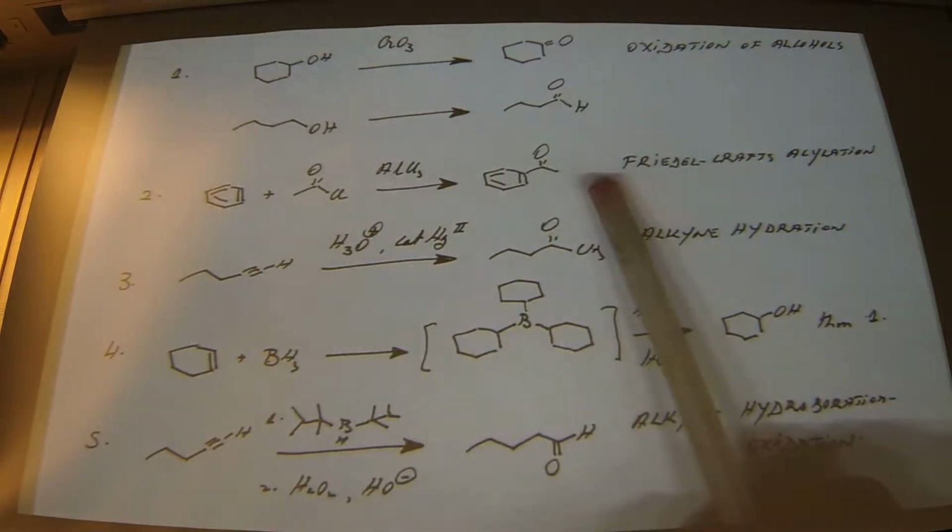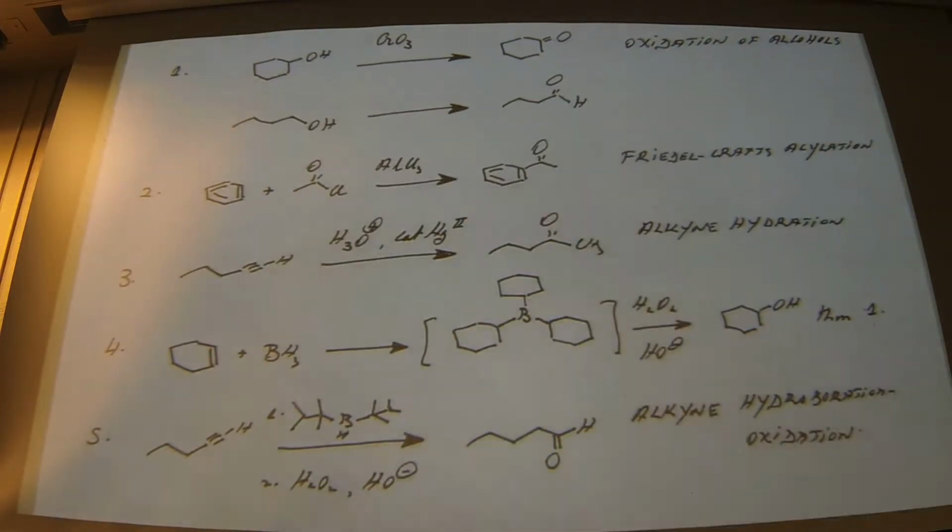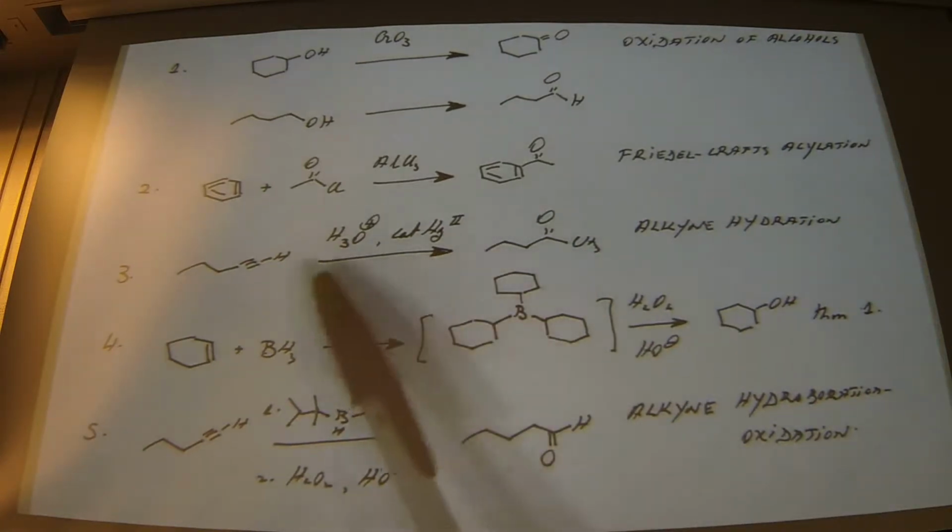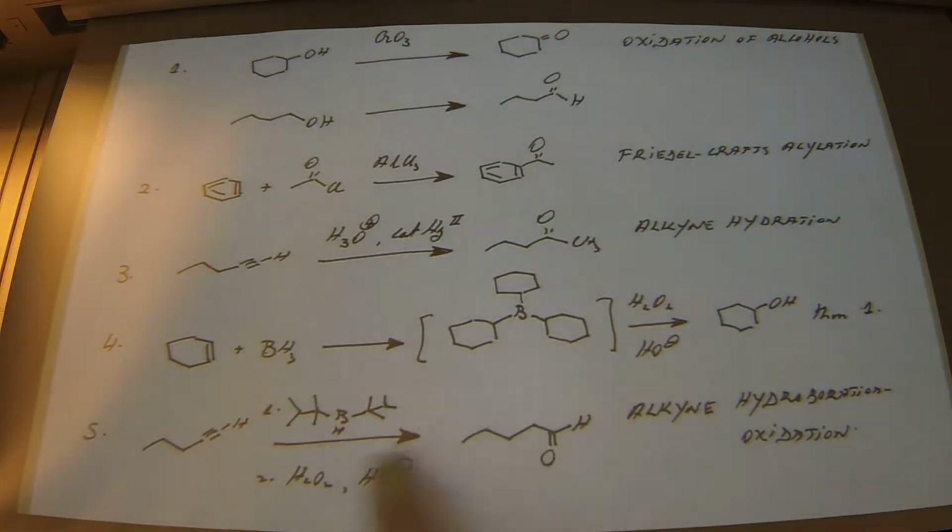Another way we know of making ketones is by the Friedel-Crafts acylation reaction. And then there are some methods that we've talked about in past chapters, which are hydration of alkynes, and also hydroboration oxidation.